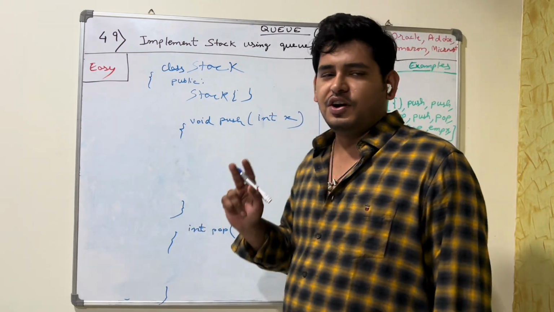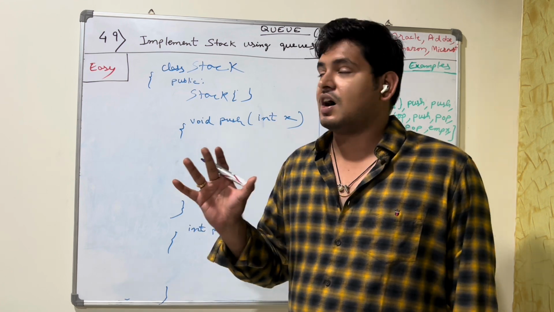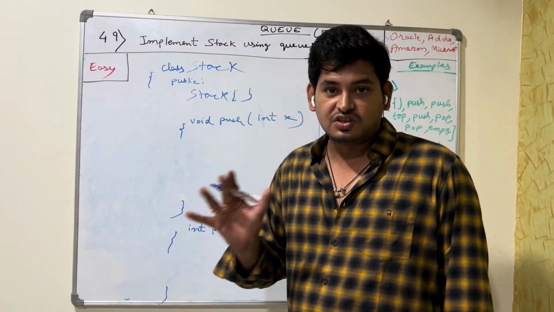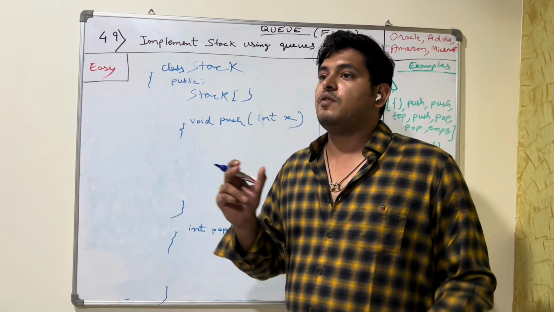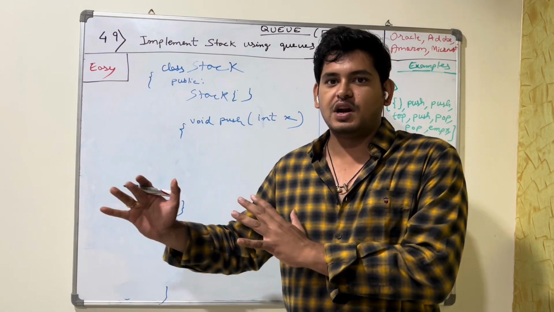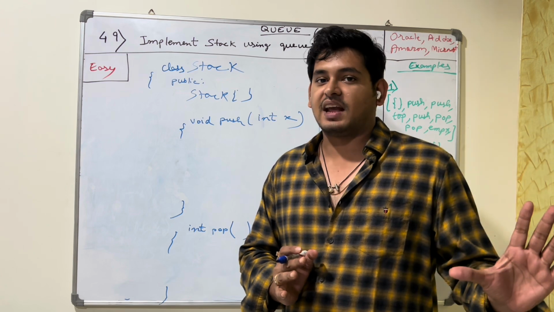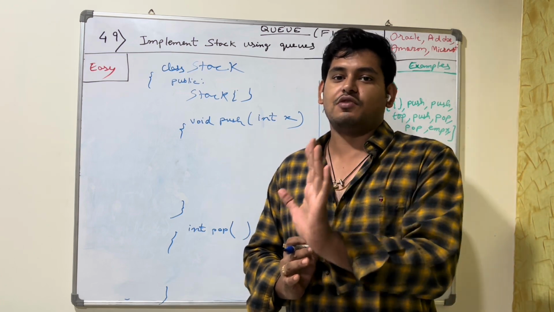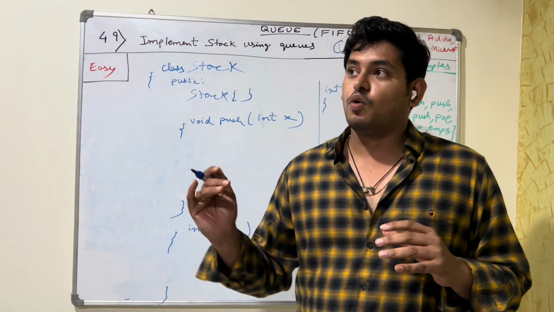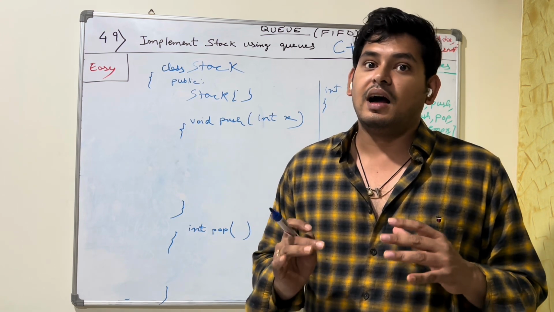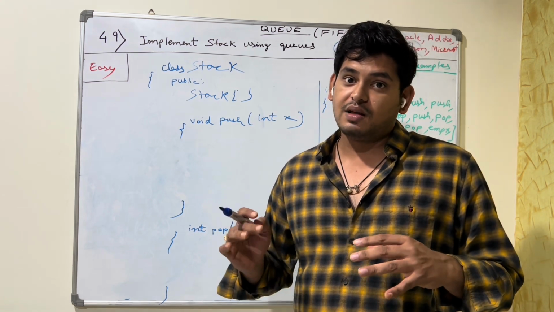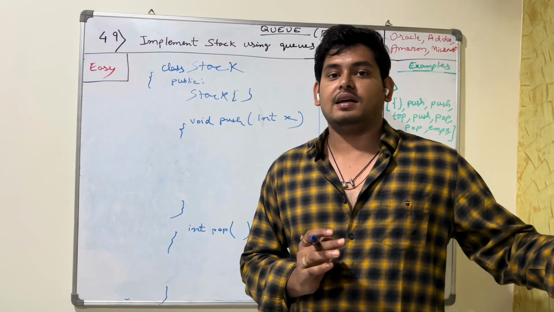So in the previous video, we discussed how to implement a queue using stack. So we saw queue is a first in first out data structure. And in the last 8 videos, we have discussed stack, and stack is a last in first out data structure. So whatever goes in the beginning will come out at the end, right?